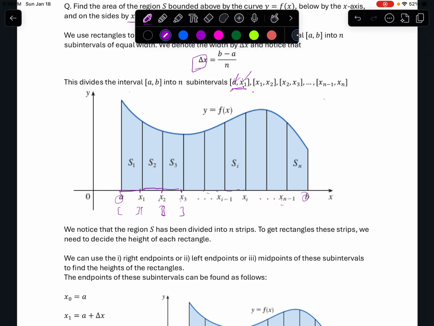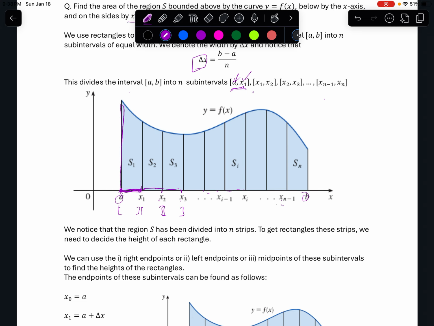Once we start, let's say, so this is a. This is where we are starting, and our interval is going forward. If I choose the left end point to be the value at which I will take the height of the rectangle, I want my rectangle to be that high, then our first rectangle will be made here, like this.